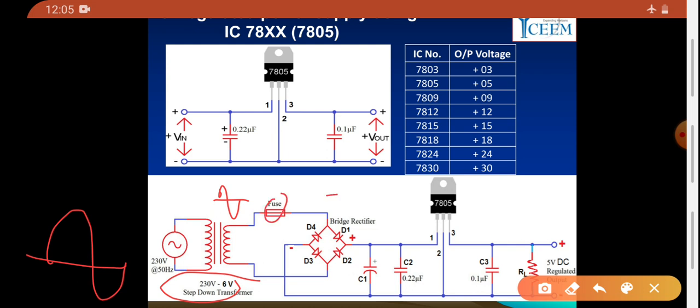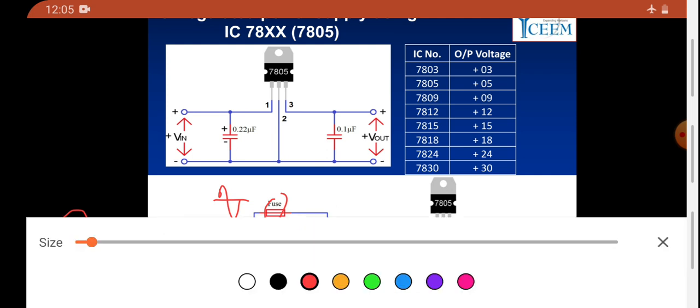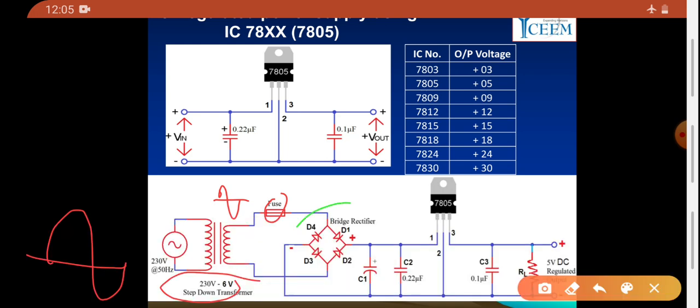After a transformer, the next block is a rectifier. Okay, bridge rectifier. Whatever rectifier you can use, half wave, full wave, bridge rectifier. Here it is a bridge rectifier. Then the filter circuit, a capacitor filter is there, and along with 7805, these two are the additional capacitors used, C2 and C3.